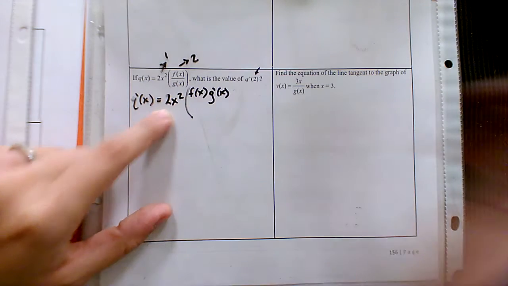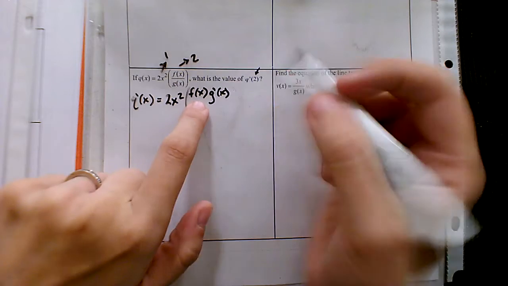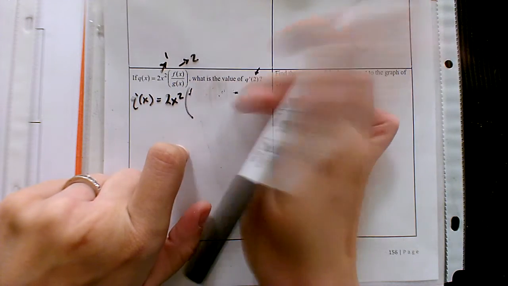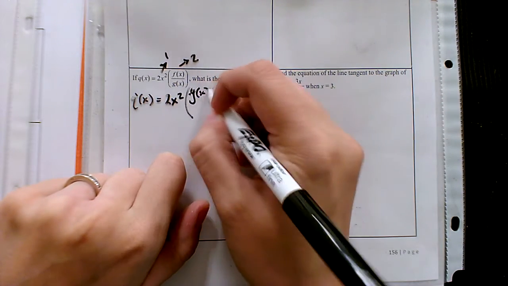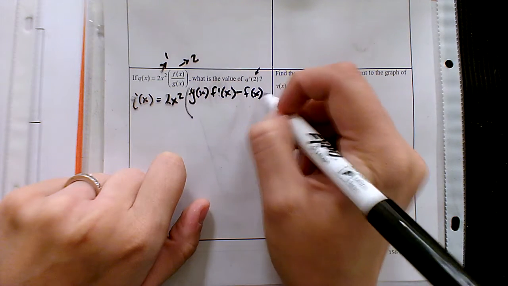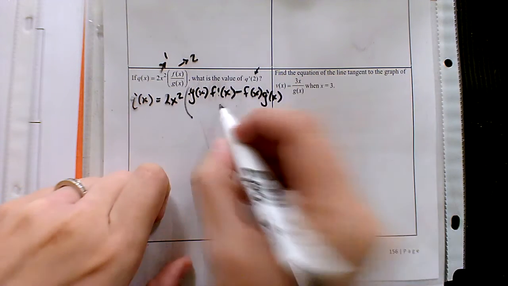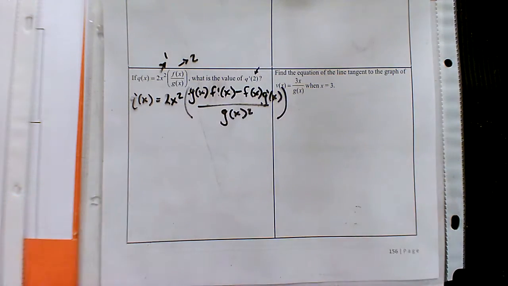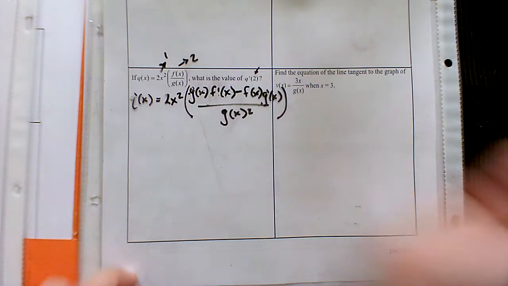Oh, no. Low d high. We started with product rule, but now we have to go through quotient rule. All right, so low d high, and I have those switched even. What a day. Low d high minus high d low, square the bottom, and we're good to go.